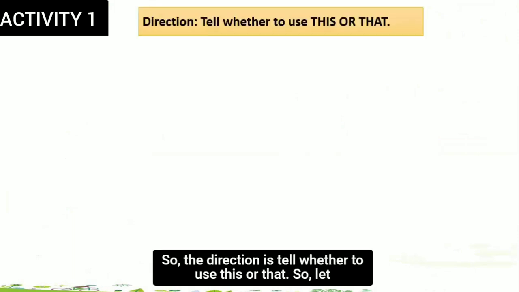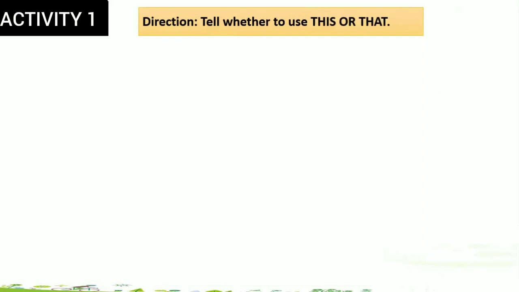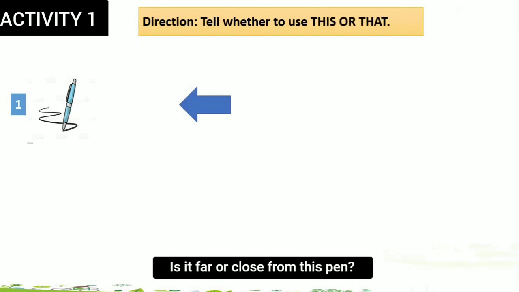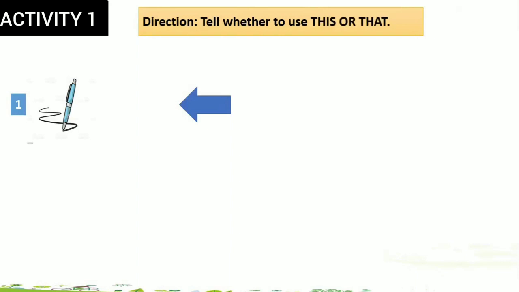So the direction is tell whether to use this or that. So let me show you number one. There is a pen and then an arrow. So where is the arrow? Is it far or close from this pen?